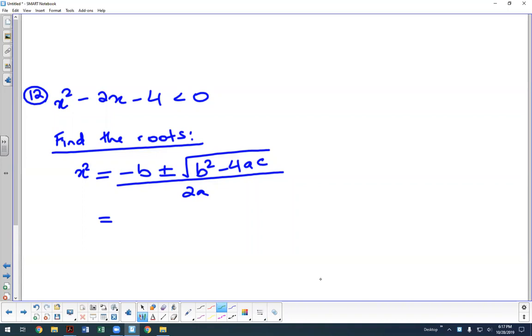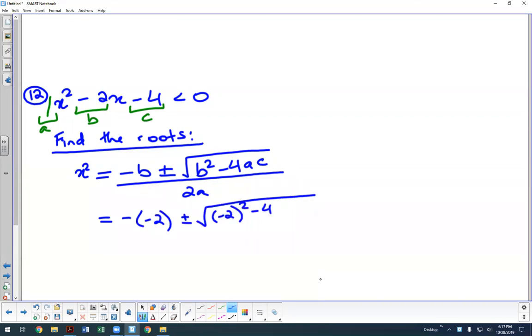All right, you guys. So our a term is going to be 1, b is -2, c is -4, which will end up giving us negative of -2 plus or minus -2 squared minus 4 times A times C divided by 2 times A.